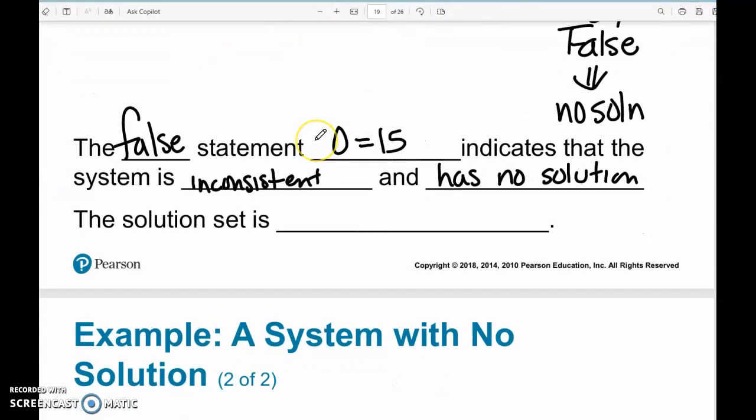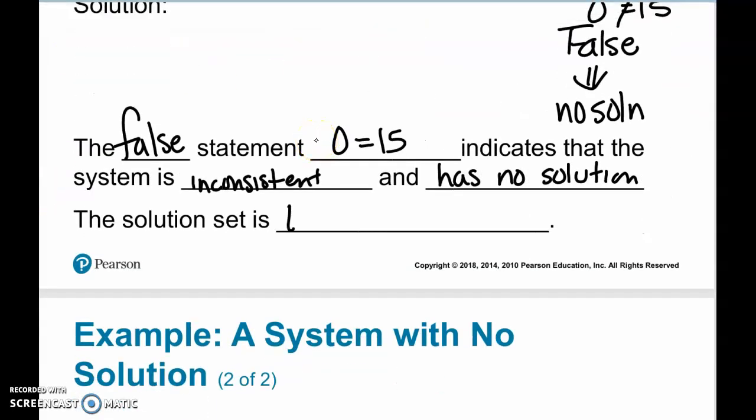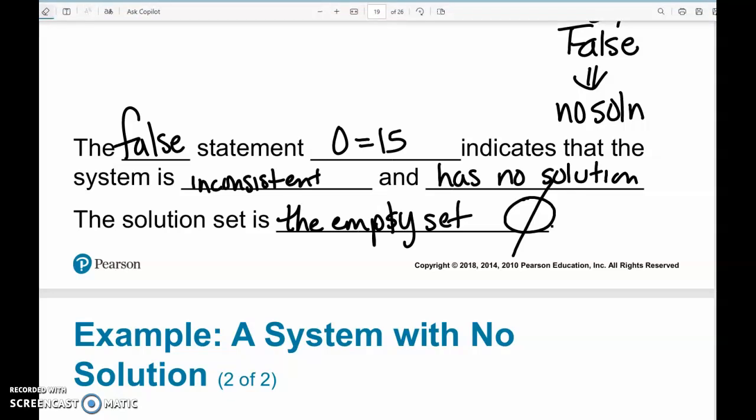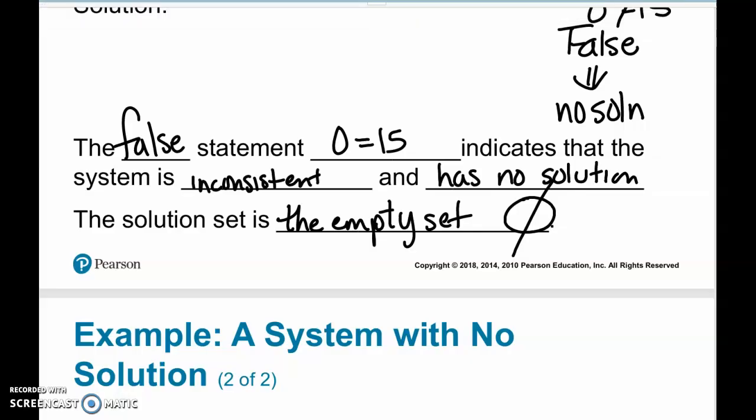The solution set here is the empty set, and that is written like this. You indicate it with this circle with a slash through it. So it's not a 0, but a circle with a slash, and that tells the reader that you have an empty set.